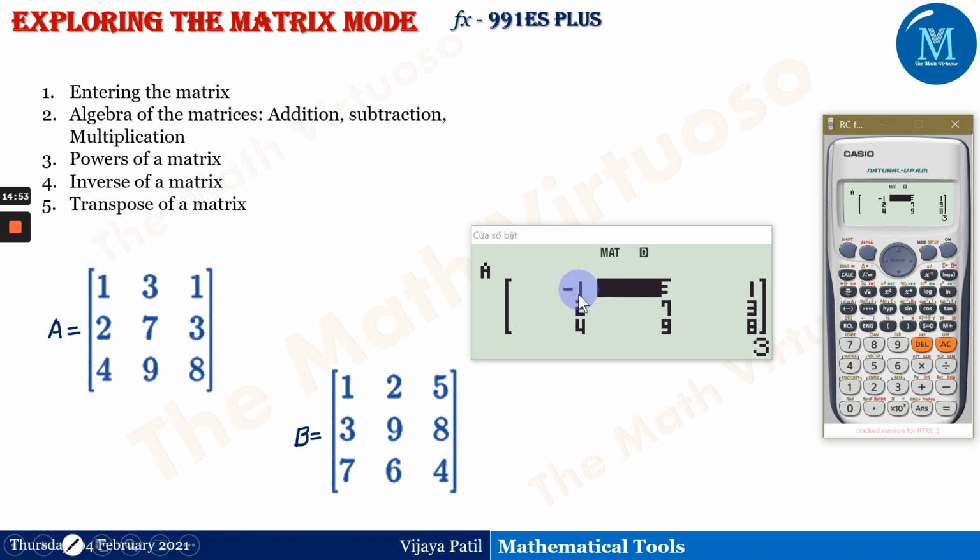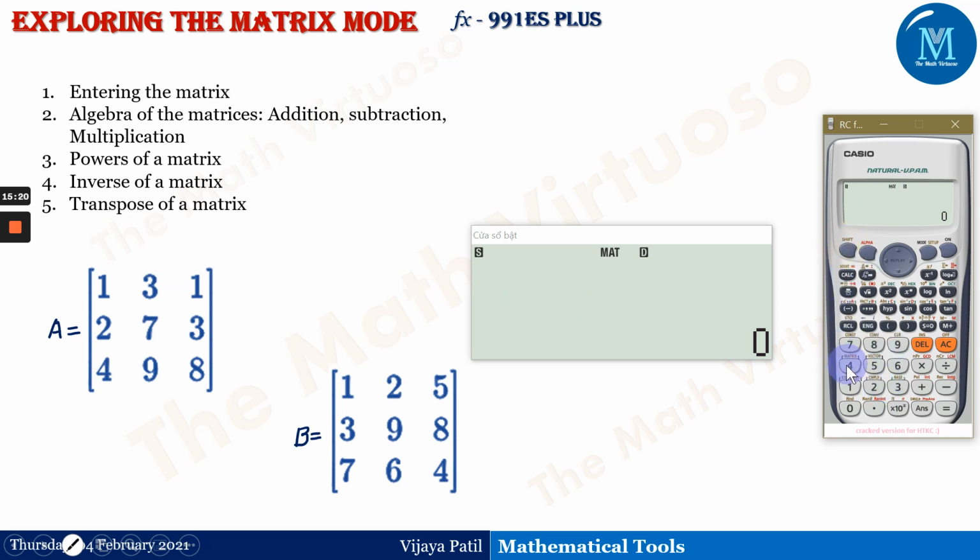I can update the matrix, say for a very small change in the matrices. Already I have fed it, but this mode gives you the flexibility to re-enter or edit the data of the matrix. Suppose I say it's minus 3, equals, and this is now done. So my mat A has been changed.